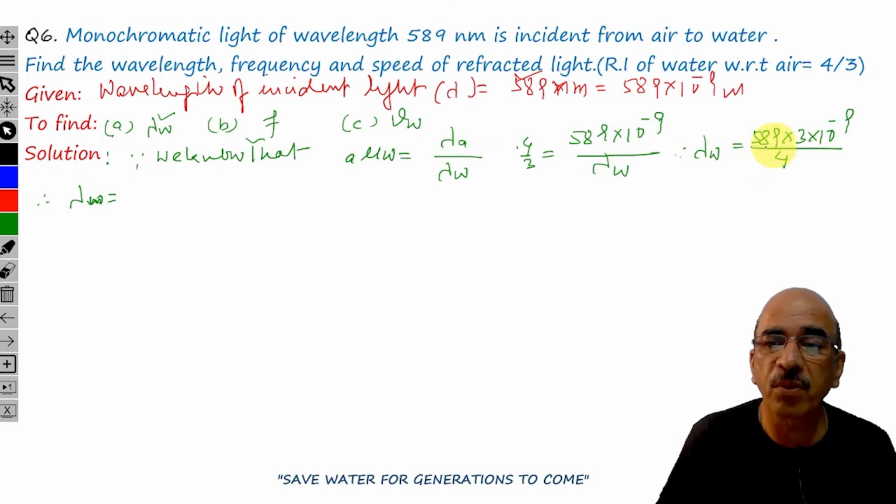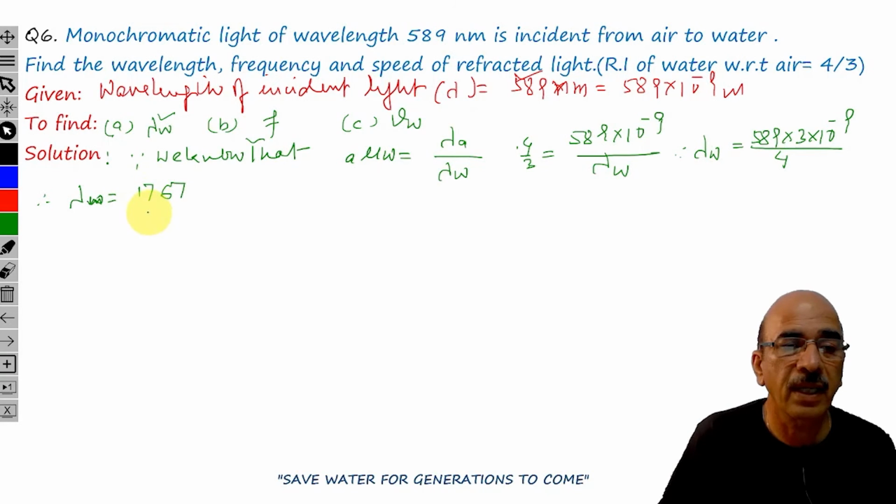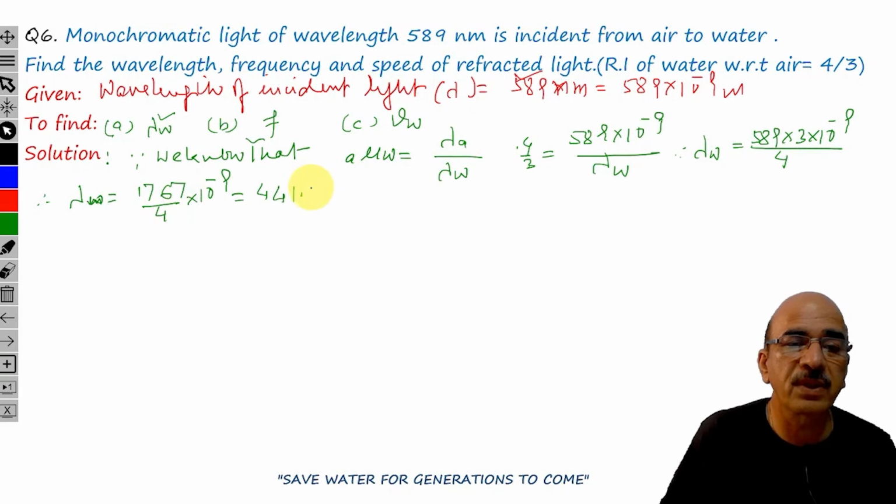Before that, 589 into 3: 3 9s are 27, 3 8s are 24 and 2 is 26, and 3 5s are 15 and 2 is 17. Okay, and divided by 4 into 10 raised to minus 9. So 4 4s are 16, then 1 remains, 4 4s are 16, 4 1 point, and then 3 4 yeah 7, into 10 raised to minus 9 meter.